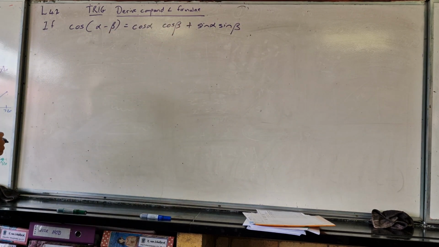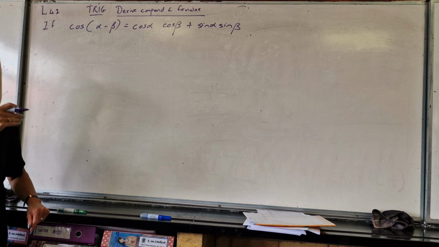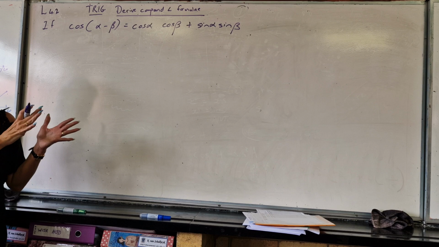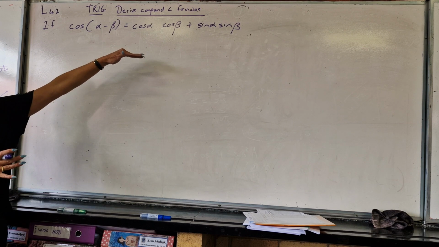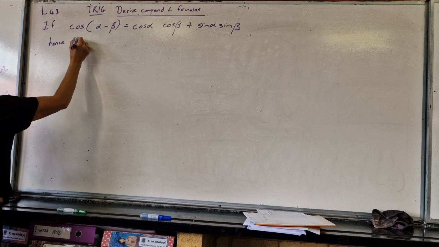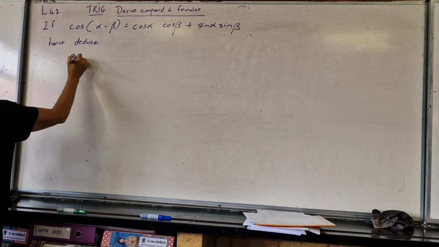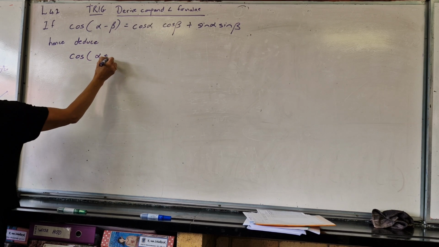You proved that in your investigation, you already proved that. Happy on that? So since you know that, they say, use this to deduce the following. And the first one that they ask you to deduce is the plus one.